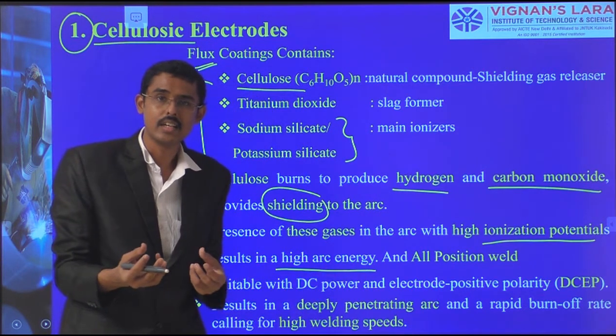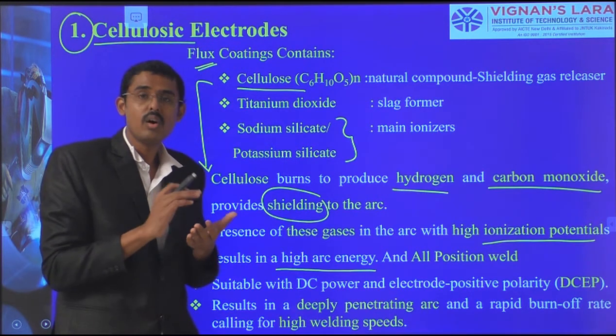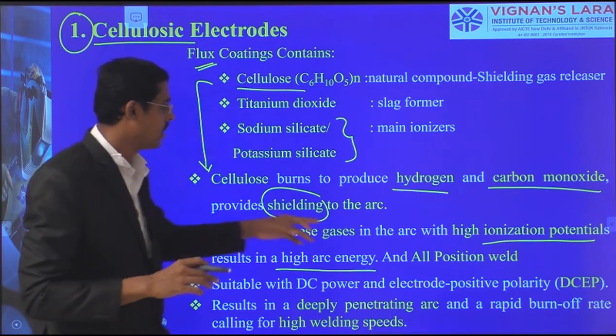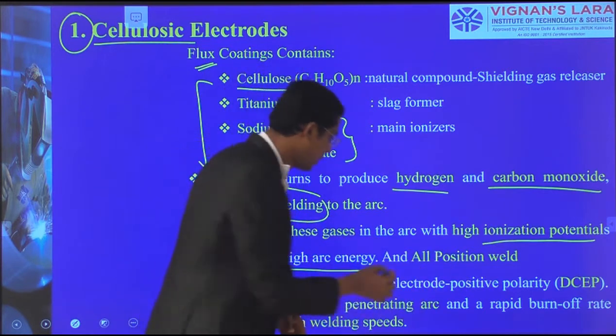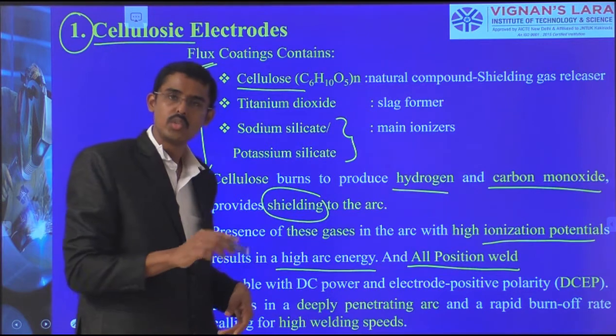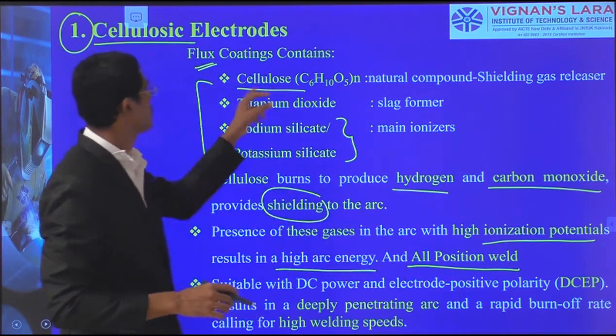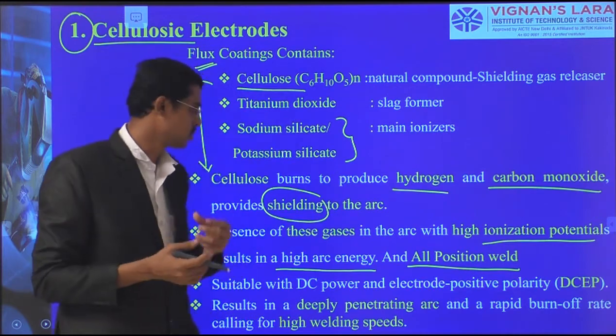Arc energy is created, so continuous welding can be done, with no arc instability and no arc disturbance. And all position welding can be done: 1G, 2G, 3G, 4G, 6G, all positions can be welded with cellulose electrodes also.